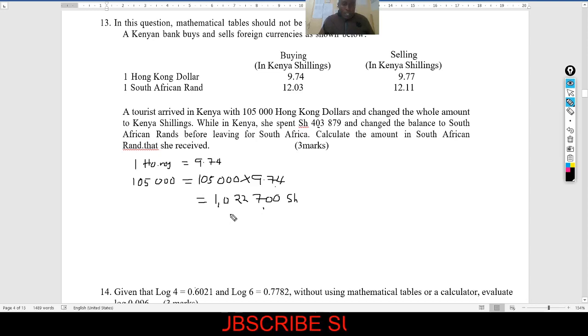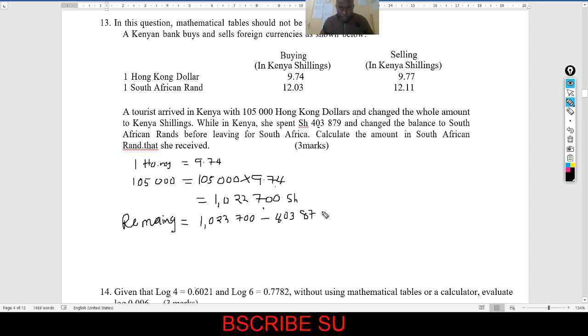And then what did he spend? In Kenya he spent 403,879. So what remained equals 1,022,700 minus 403,879.